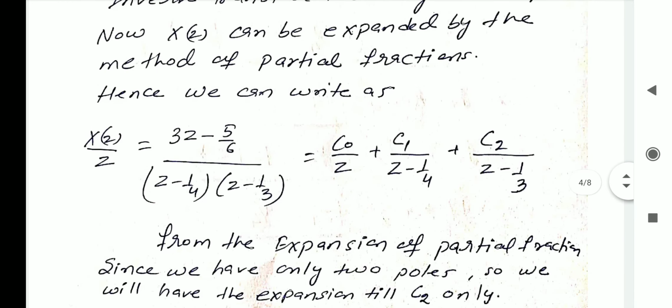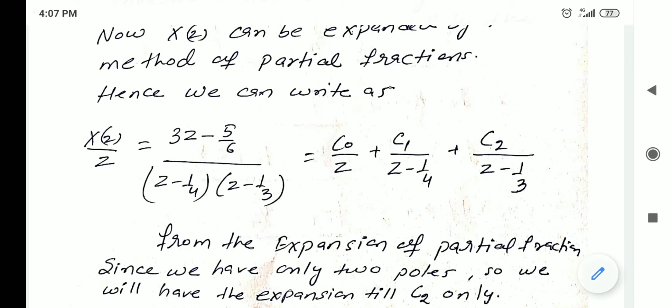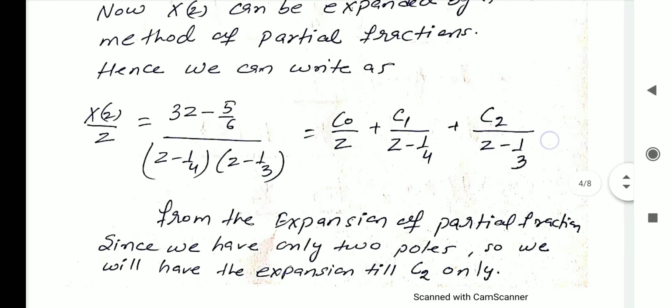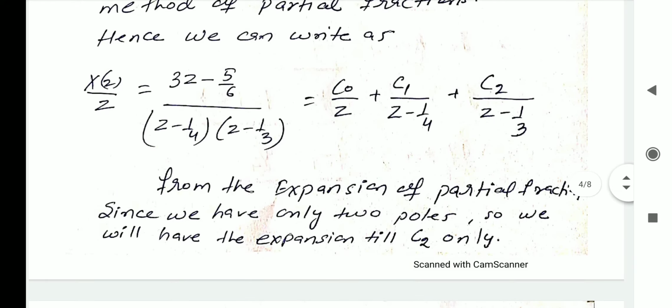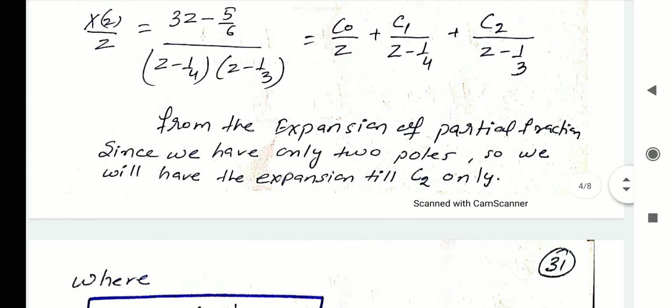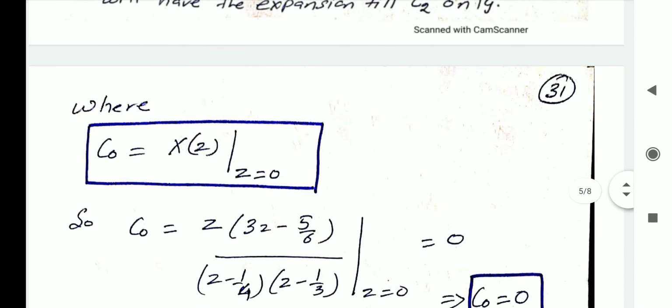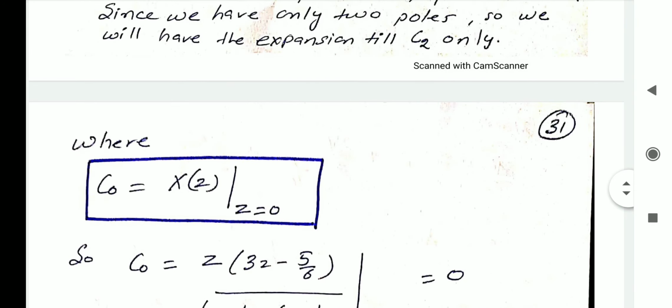Now this can further be written as c0 by z plus c1 by (z minus 1 by 4) plus c2 by (z minus 1 by 3). Since we are having two poles, from the partial fraction expansion we will have the expansion till c2 only. Now we need to find the values of c0, c1 and c2.